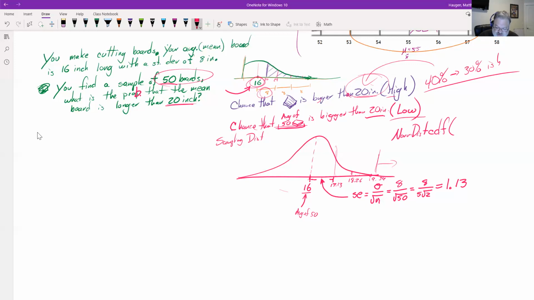The normal distribution, we want 20 or above, so 20 to infinity, where our mean is 16, and our standard deviation, well, are we looking at the population or are we looking at the sampling distribution? Sampling. Then we want to use that standard deviation of the sampling distribution, aka our standard error.